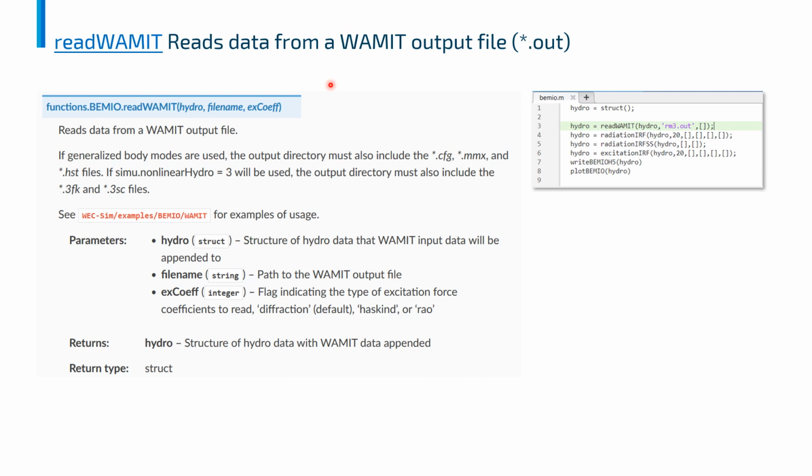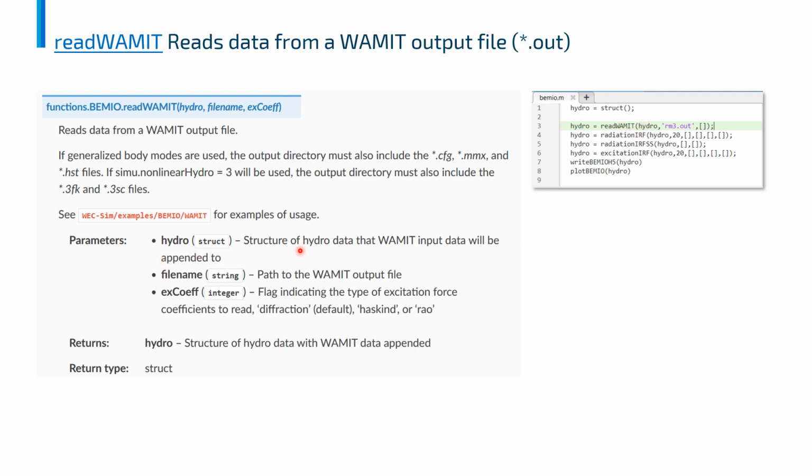Now I am going to talk about the different functions that BEMIO has, starting with this function, readWAMIT. This function is used to read data from a WAMIT output file. It has three parameters. The first parameter is a hydrostructure.